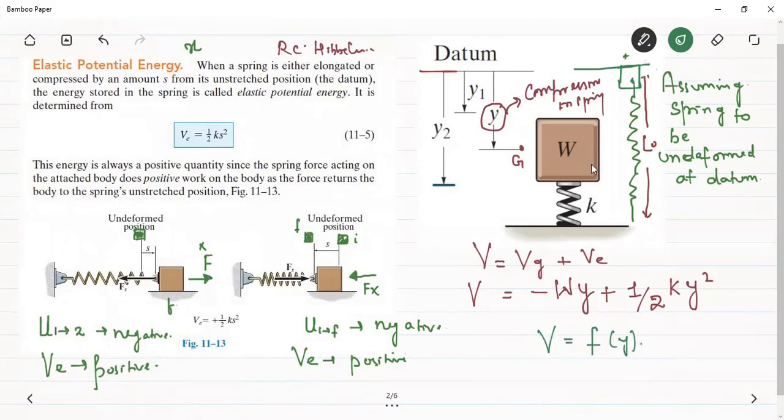This is a very basic system. We might get some complicated systems in the question, but we must learn how to write the potential energy as a function of an independent coordinate. This independent coordinate can be theta, x, y, q. Currently it was a function of y.